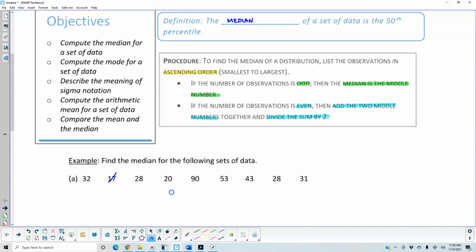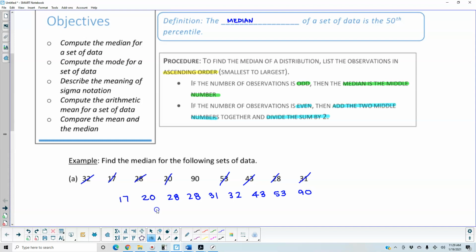So the smallest number is 17, and then 20, 28, 28, 31, 32, 43, 53, and then 90.